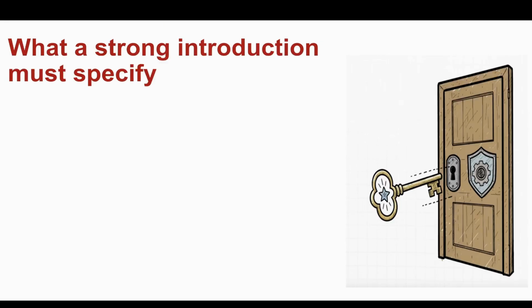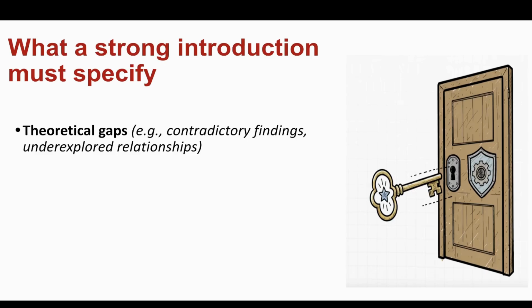Now, what is a strong introduction and what all things should it specify? The first thing is theoretical underpinning. We have to check what the contradictory findings are, what the existing theories are, and how the study, the variables which we are going to study, are going to contribute. So how can we do the theoretical underpinning?